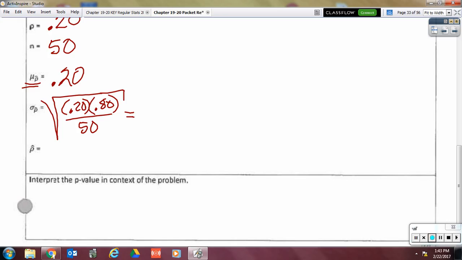Where do I get that number? Ah, good. It comes from 6 over 50. So I just did this math, and I got 0.057. This sample result was stated to us up above to be 6 out of 50, which as a decimal is 0.12.